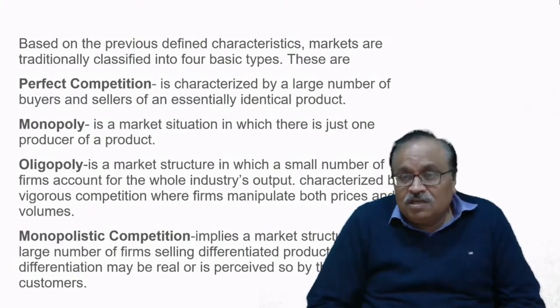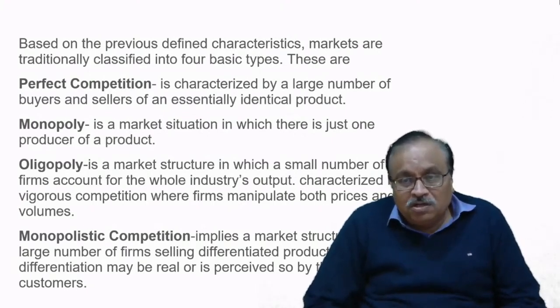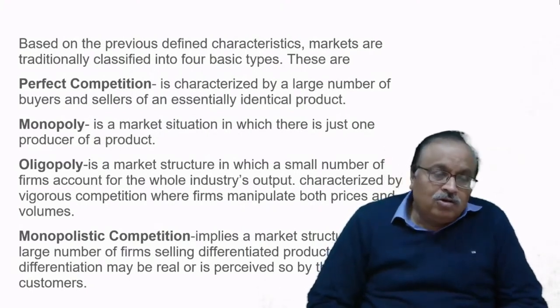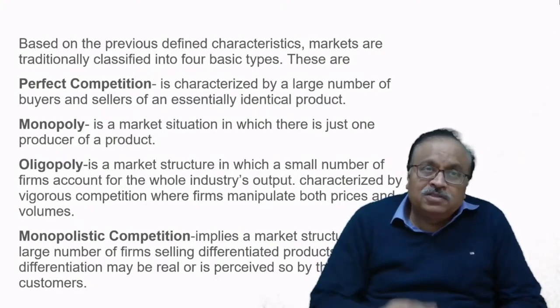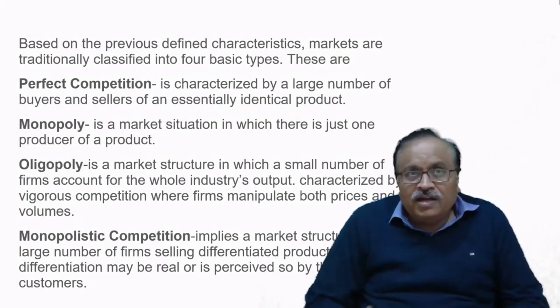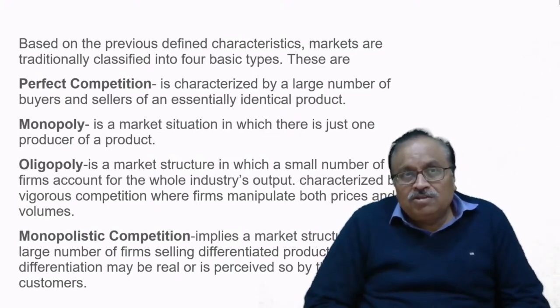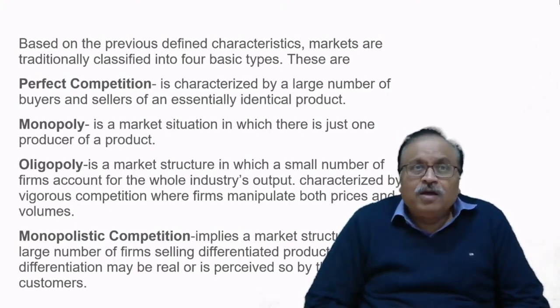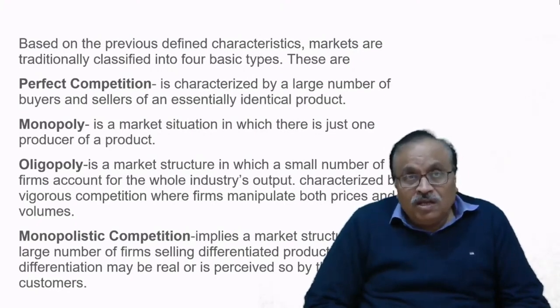Oligopoly is a market structure in which a small number of firms account for the whole industry's output, characterized by vigorous competition where firms manipulate both prices and volumes. So oligopoly means a small number of firms capturing the whole market. We can find examples in the steel industry, the automobile industry, and the aircraft manufacturing industry, more particularly in defense related products.